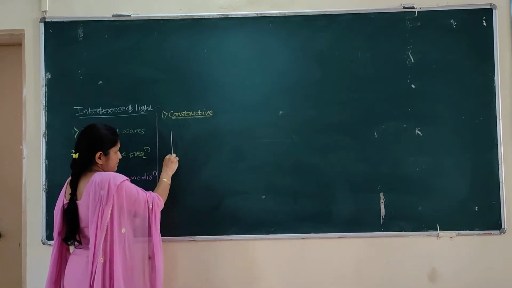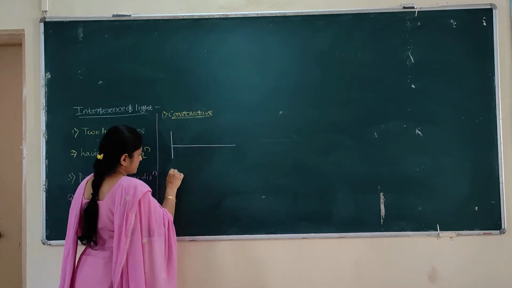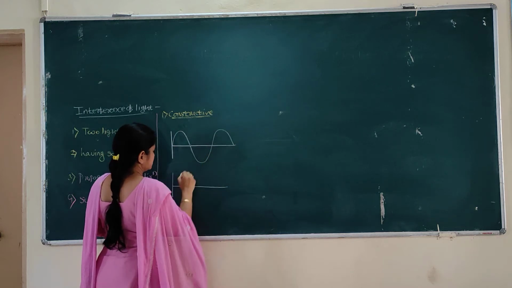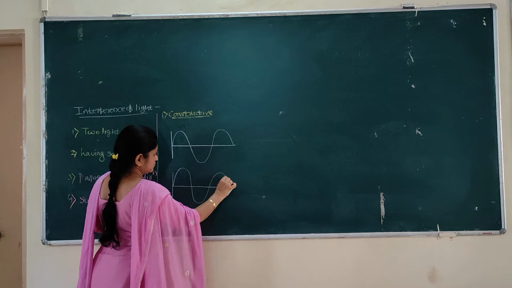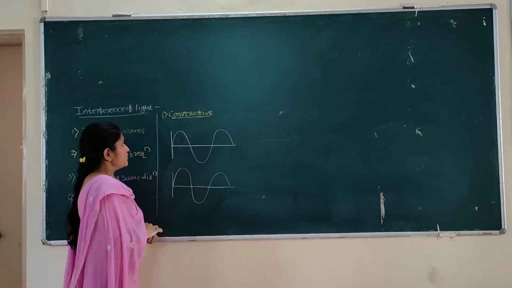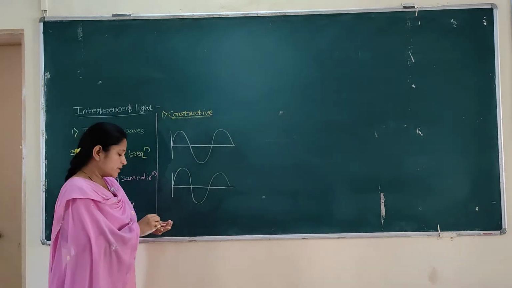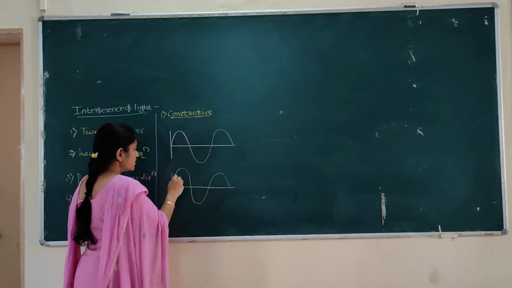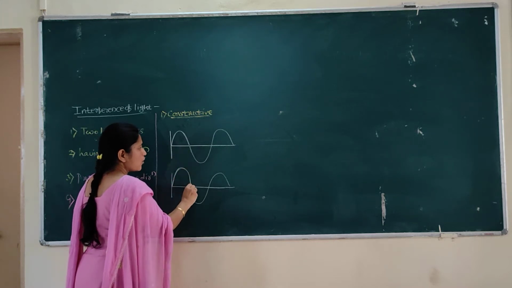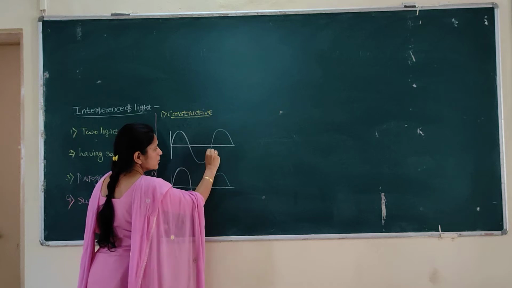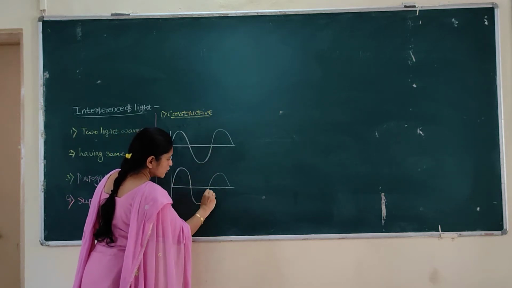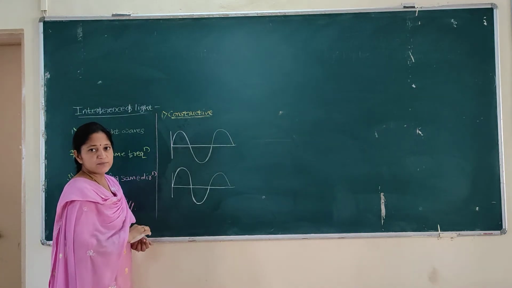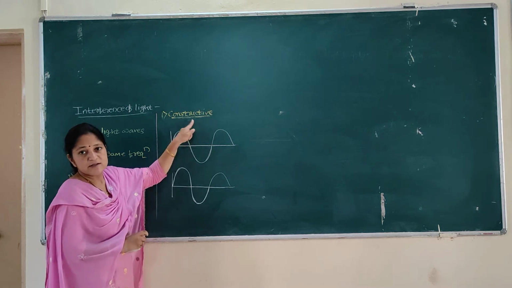See these figures. Now, constructive interference means what? When the crest of one wave overlaps with the crest of the other wave, or the trough of one wave overlaps with the trough of the other wave, then the resultant amplitude or resultant displacement is maximum, and it is said to be constructive interference.